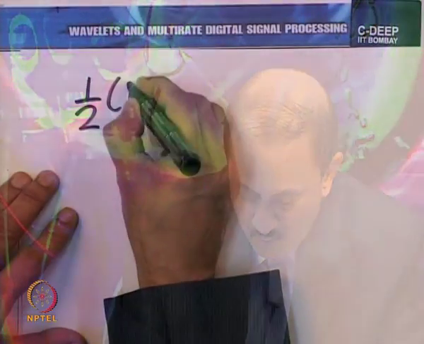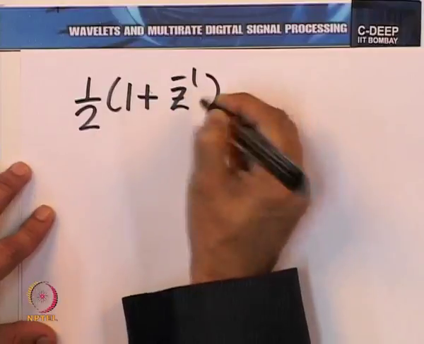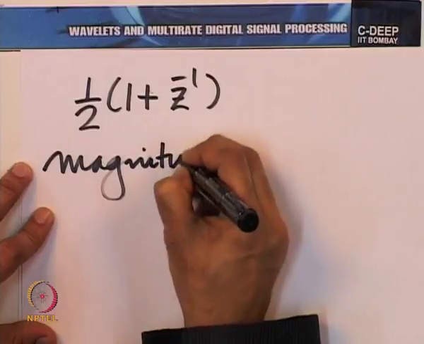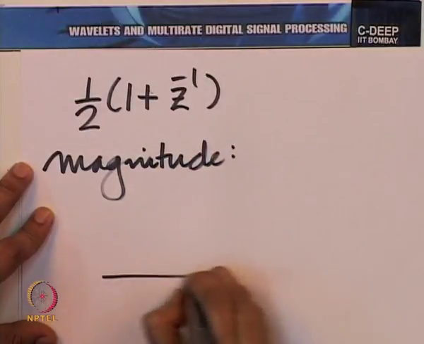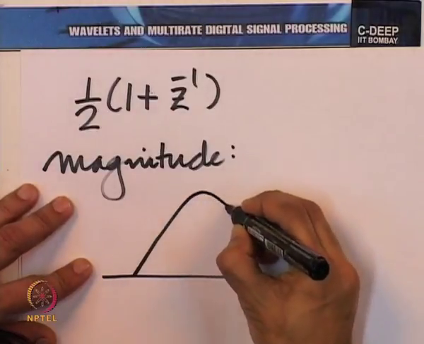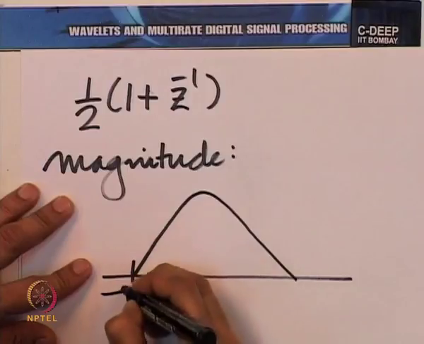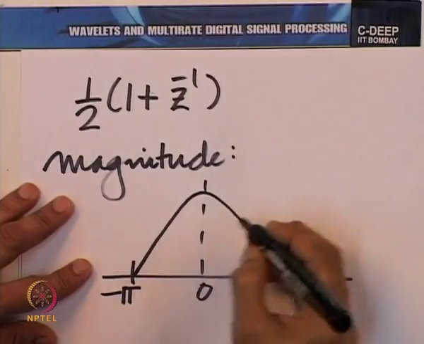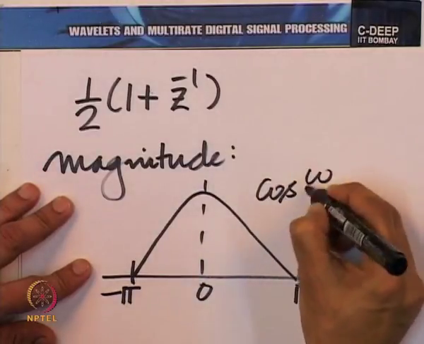In fact, for completeness, let us draw the magnitude and the phase response all the way from minus pi to pi for both of these filters now, for the sake of completeness. So, the situation is for the filter half 1 plus Z inverse, the overall magnitude response should look like this, between minus pi and pi, I mean. Essentially mod cos omega by 2.